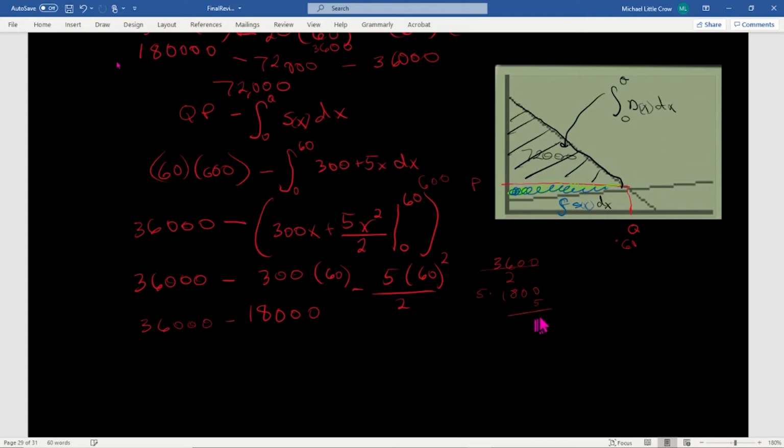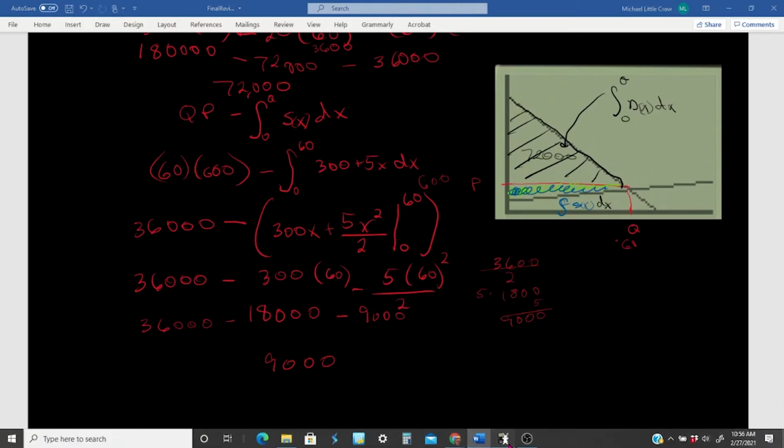Let's just do it this way. 0, 0, 40, carry the 4, 50 plus that's 90. So that's 9,000. So we subtract 9,000. And then I think that's going to be about 9,000, right? Because you subtract 18, that makes it 18. You subtract 9, that should make it about 9,000. We'll just do a quick calculator check just to be sure. But that's what it should be.